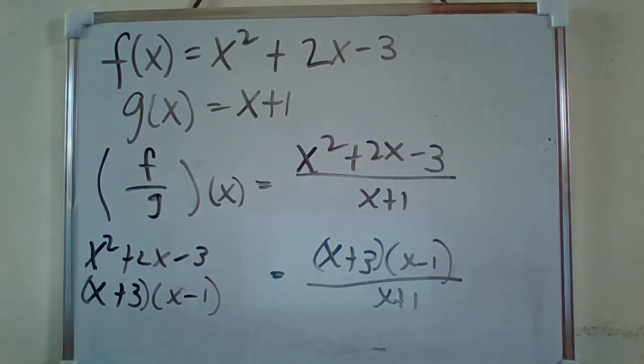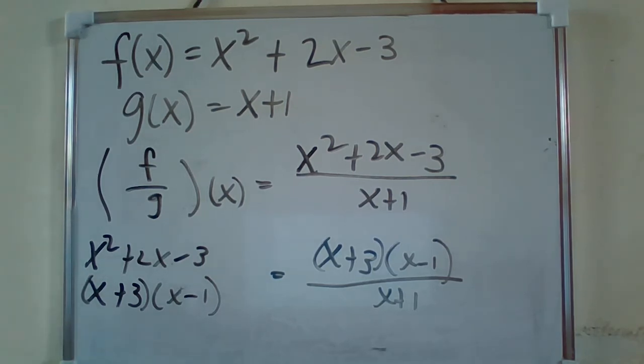Now, with this kind of equation, remember in the previous video lectures, na-discuss natin yung isang restriction ng domain, na yung denominator ay hindi dapat 0, 'di ba? Hindi siya equal to 0. Kasi nga undefined 'yon.